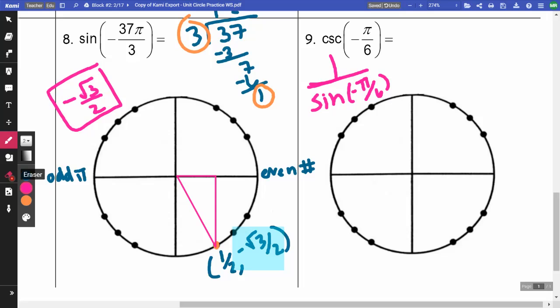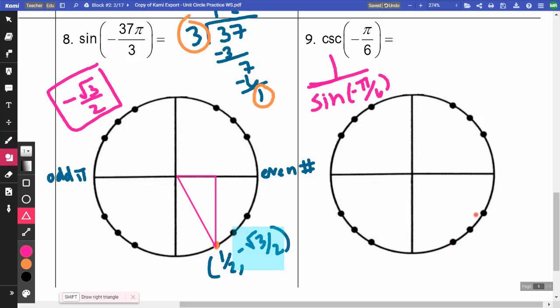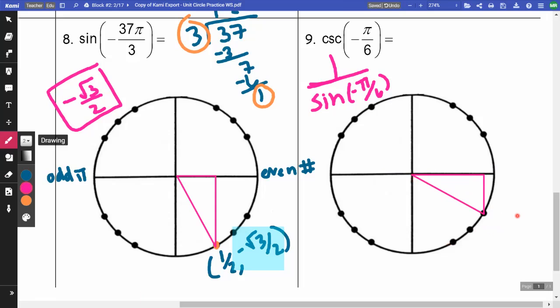Okay, so let me grab my triangle. I'm going to start here. We always draw it to the x-axis, and it has to be to the origin like that. So this is going to be long, comma, short. I know you're probably sick of me saying that, but I want you to know it.